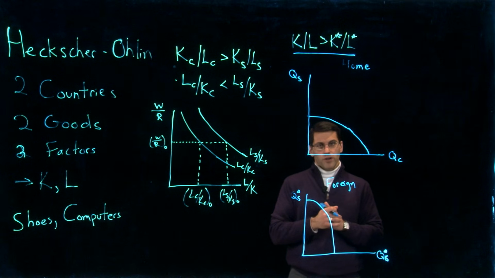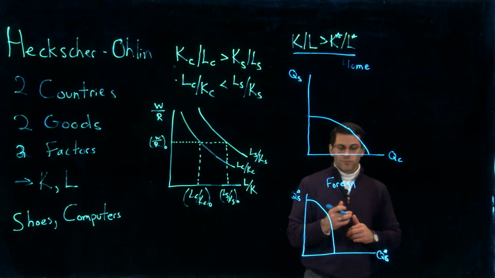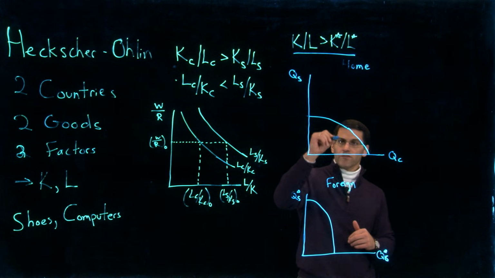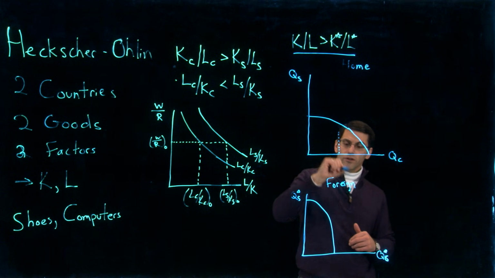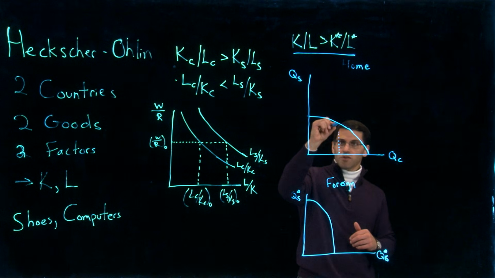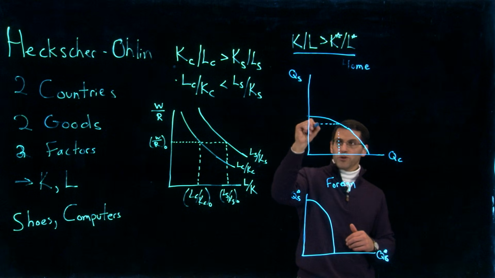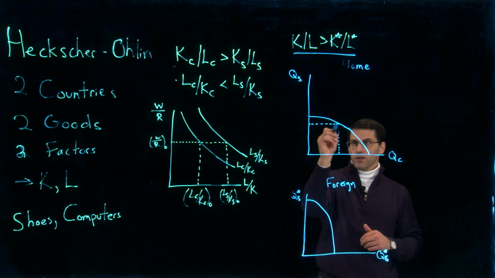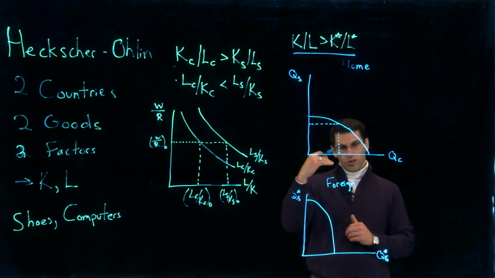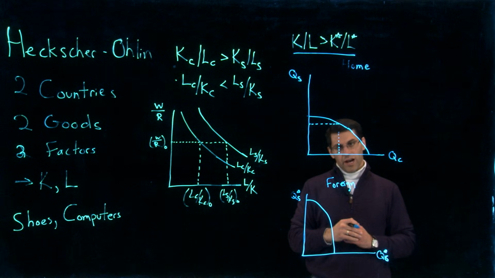Well, why is that important? Well, if you were to look at either of these two PPFs, and let's take some amount of computer production, well, what would we see? If you look at the PPF for home, you've got a fairly flat slope there. The PPF is relatively flat.